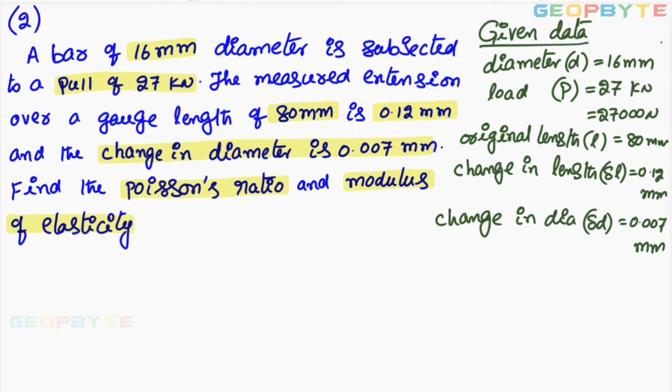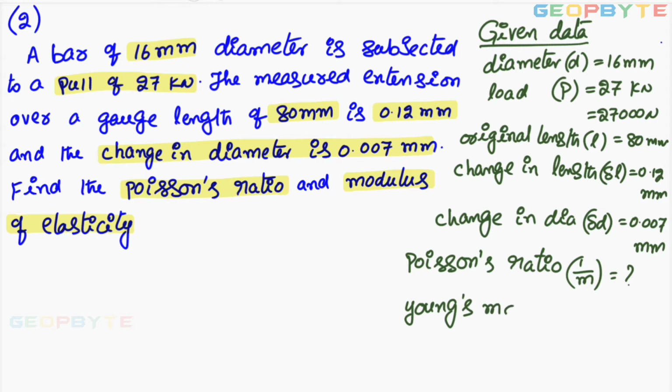Find the Poisson's ratio, 1 by m, how much? And Young's modulus, capital E equal to how much? That is the data. Now let us have the solution.